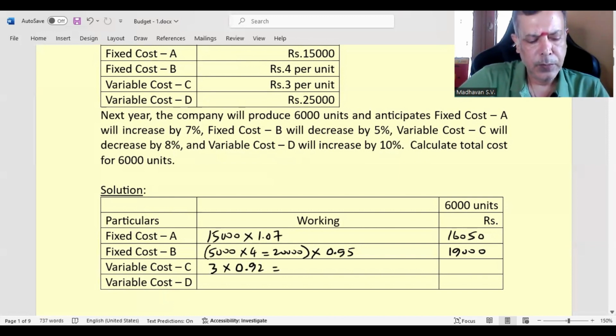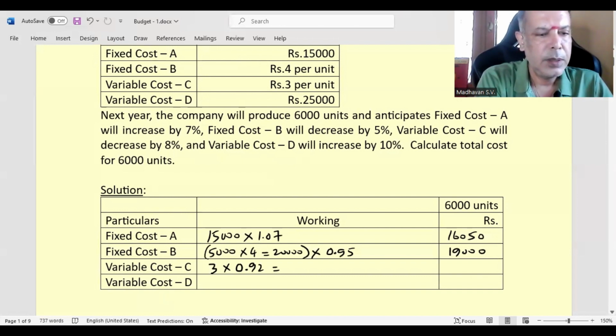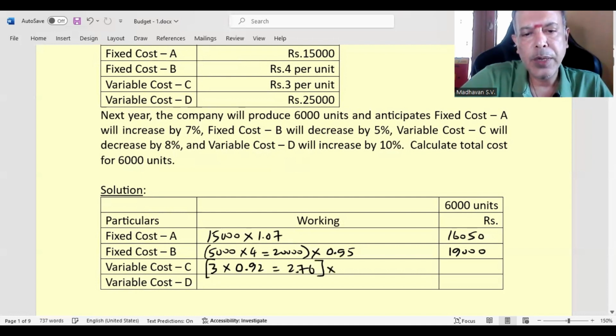Let us calculate that. 3 into 0.92, we get 2.76. That we will multiply with 6,000 units. Into 6,000, we get 16,560.